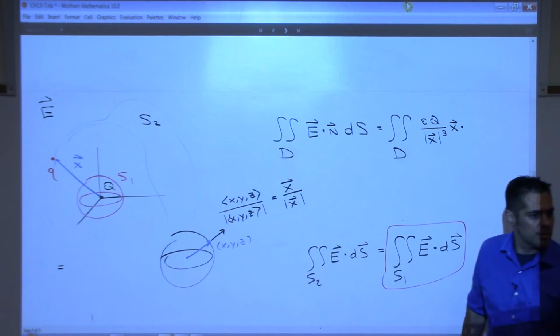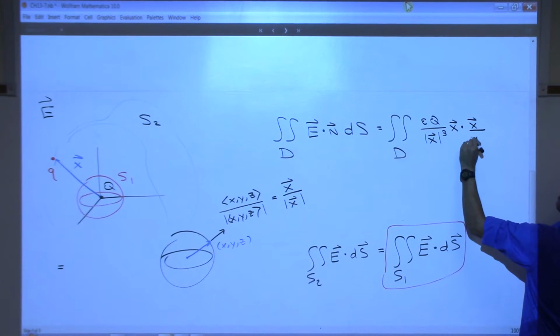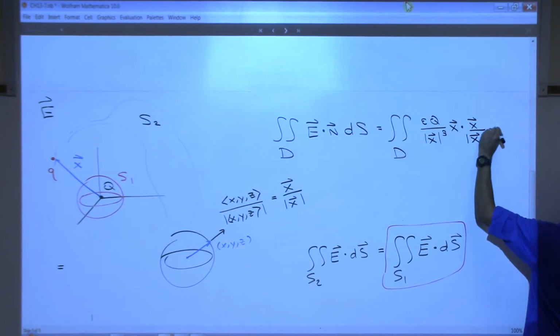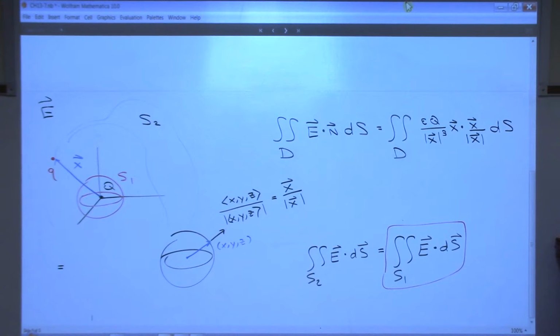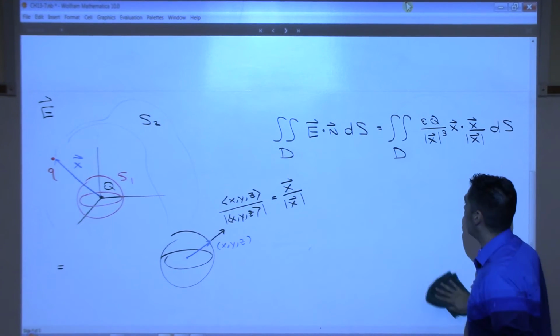Isn't that what that is? Dot that with x over magnitude of x ds. What is a vector dotted with itself? It's magnitude squared. Go back. This is chapter 10, way back in the day.